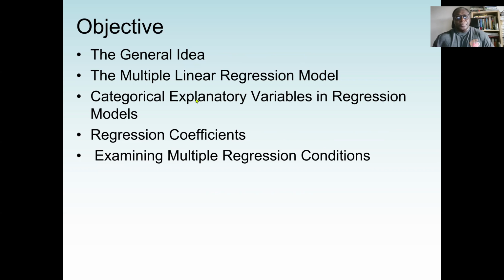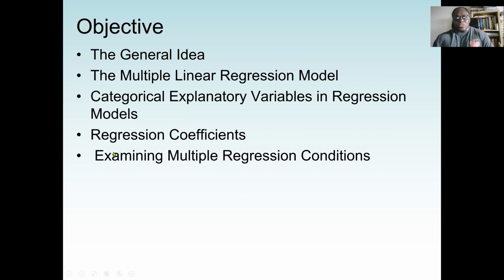We're also going to talk about categorical explanatory variables. We know regression normally deals with quantitative data, because we know the model is a straight line, an equation. But sometimes we can convert a categorical data set, such as yes, no, to a quantitative one so that we can do a regression model.